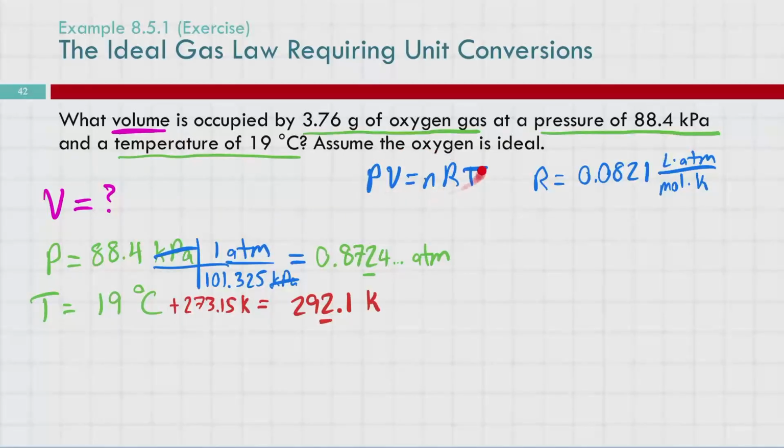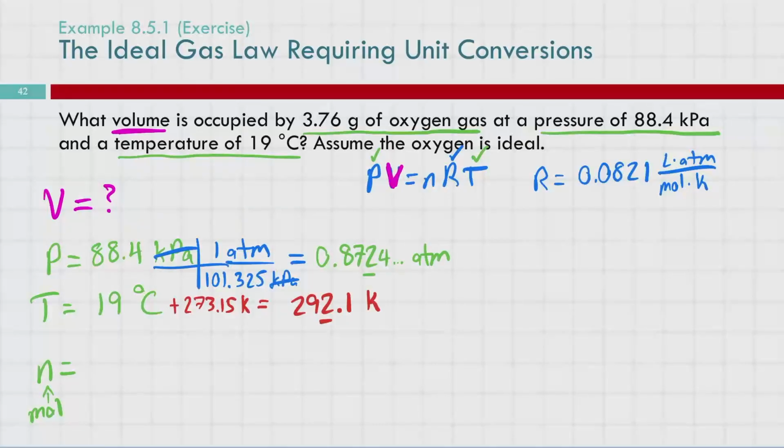So if we look at PV equals nRT, we're finding V. We were given pressure, we were given temperature, and R is a constant. So the thing that we're missing to solve this problem is n. What's n? n is moles. Do we have something that we can convert to moles in our problem?